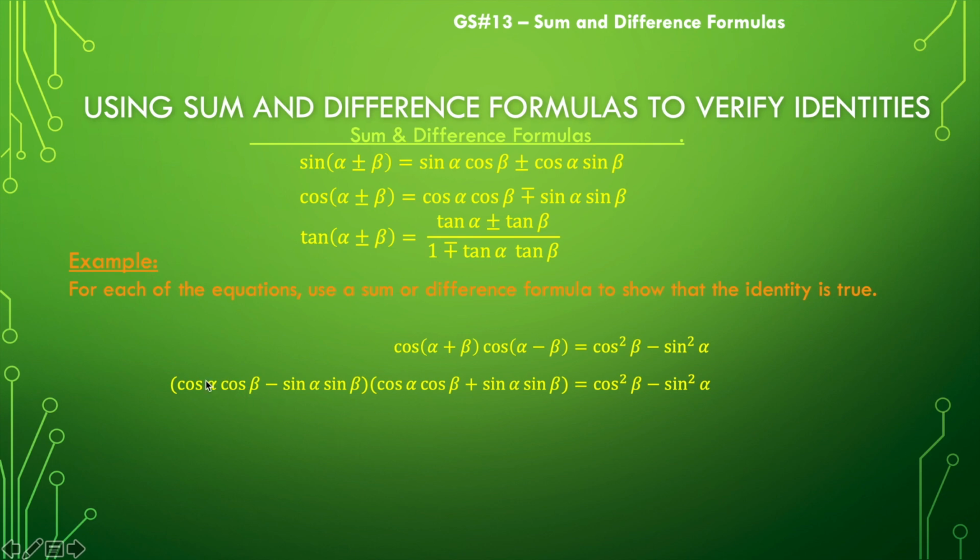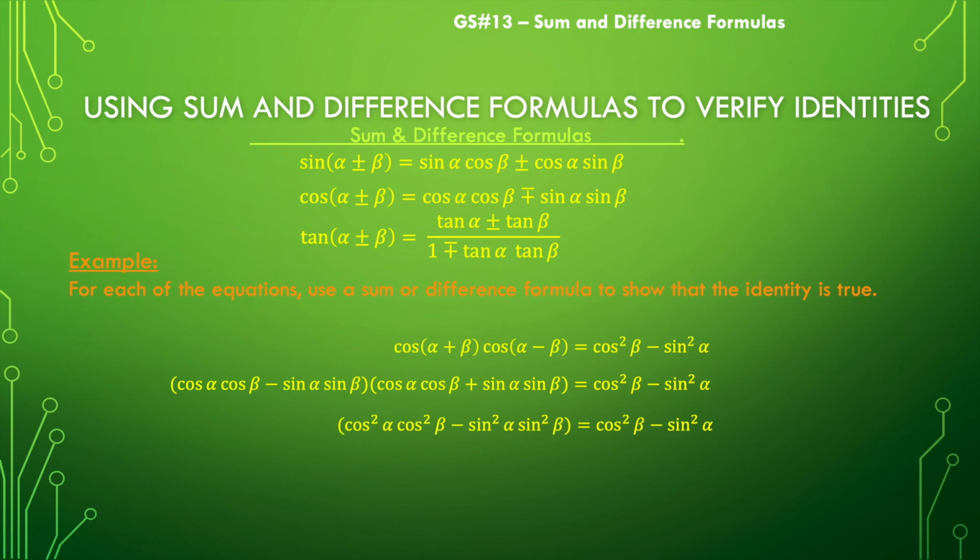So I will end up with cosine alpha times cosine alpha, cosine beta times cosine beta, minus sine of alpha, sine of beta, sine of beta. So we'll end up with cosine squared of alpha, cosine squared of beta, minus sine squared alpha, sine squared beta. And we want that to end up looking like cosine squared of beta minus sine squared of alpha.